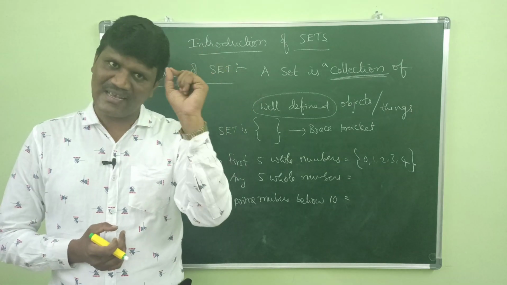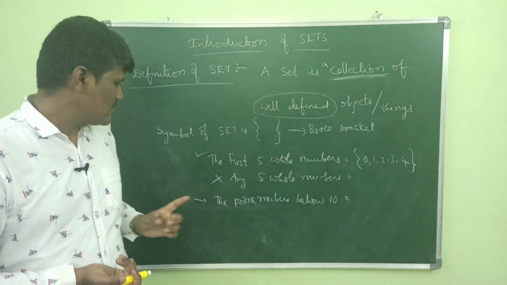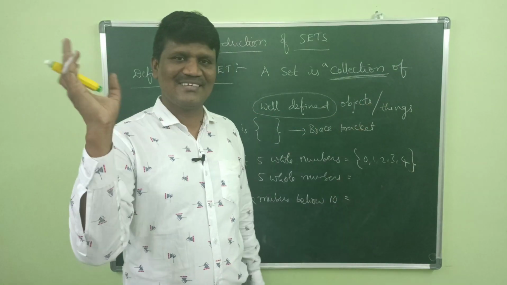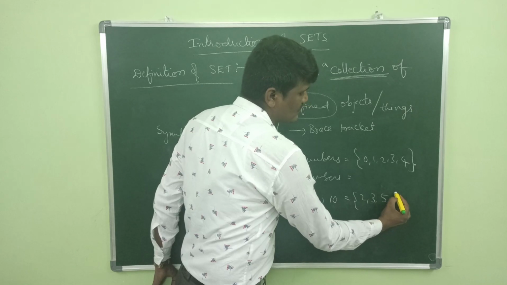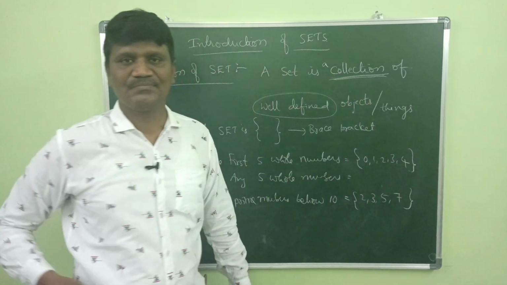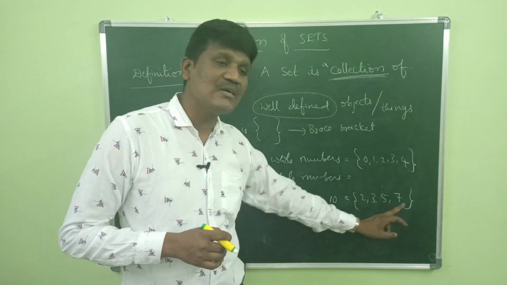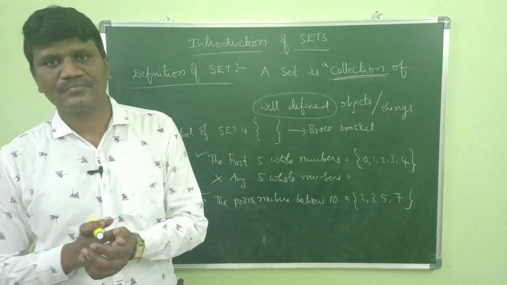Then only are the elements called well defined objects. So the prime numbers below 10, anyone in the world will write the same: the elements are 2, 3, 5, 7. Only this one will be written. So is this a set? Yes, the objects are well defined, so this is called a set.